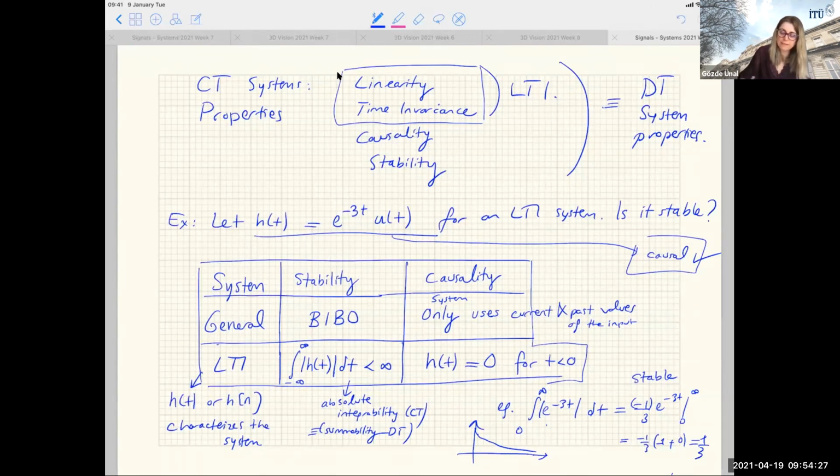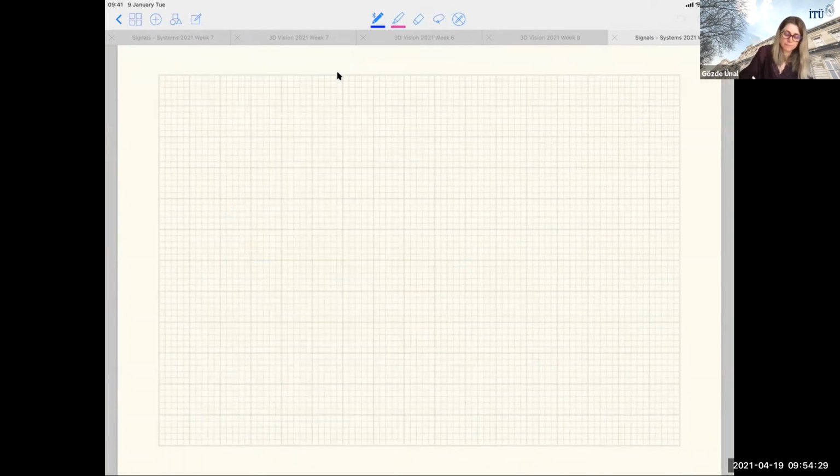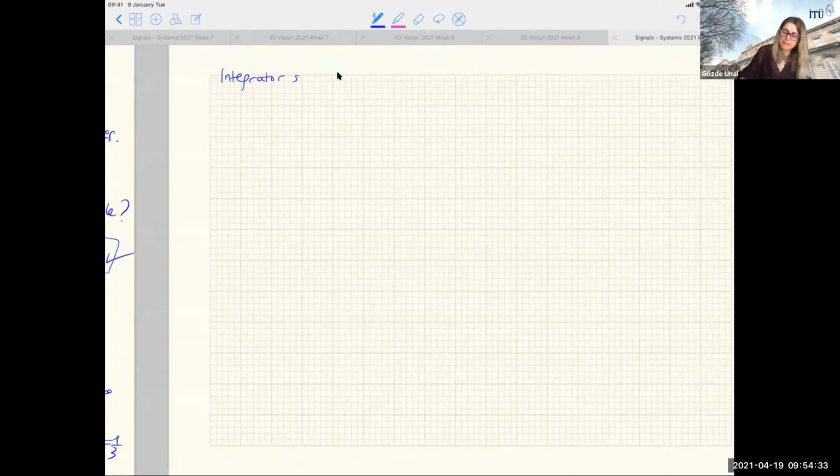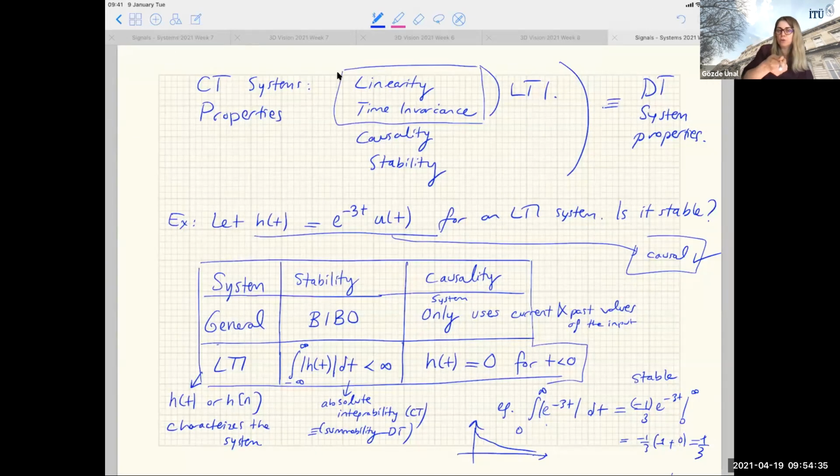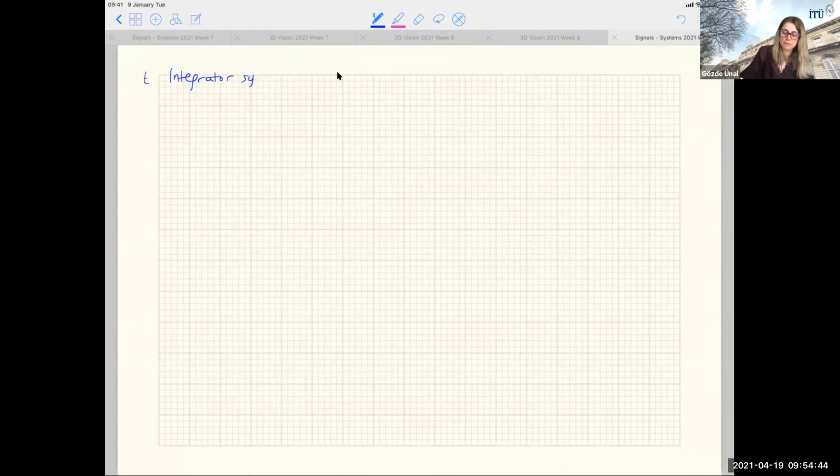For instance, integrator system, is it stable? I can ask you. This was with an exponential term, right? E to the minus 3t u of t. But integrator system's impulse response is u of t. Example, integrator system. H of t is really the step function. But what is the area underneath?